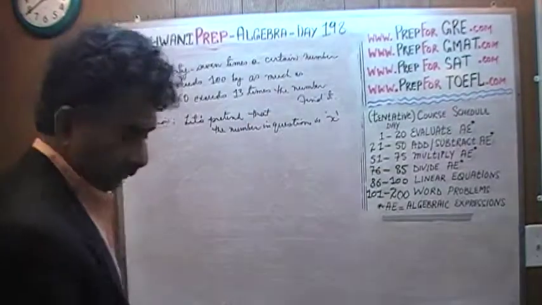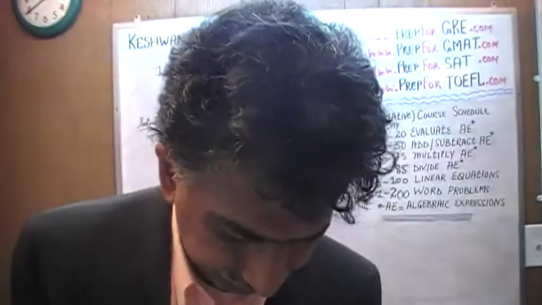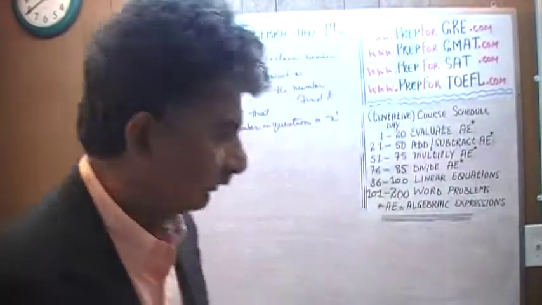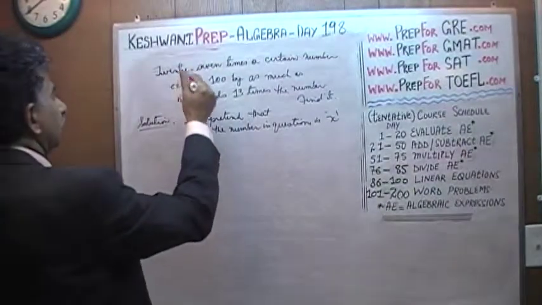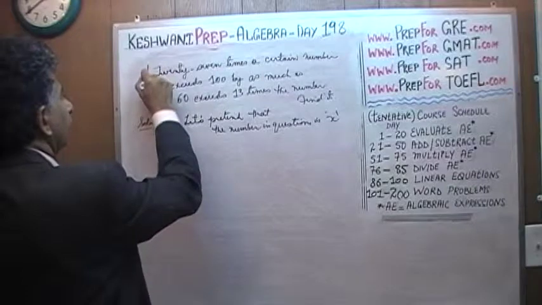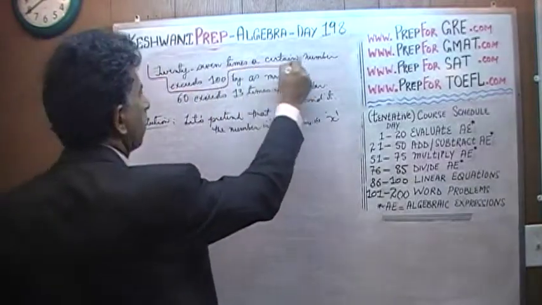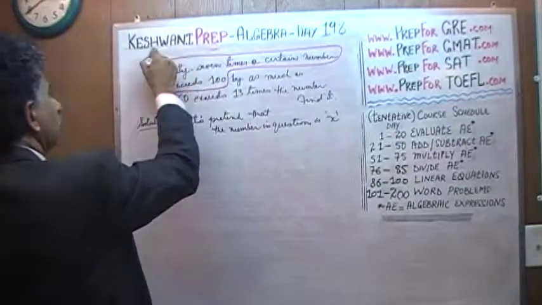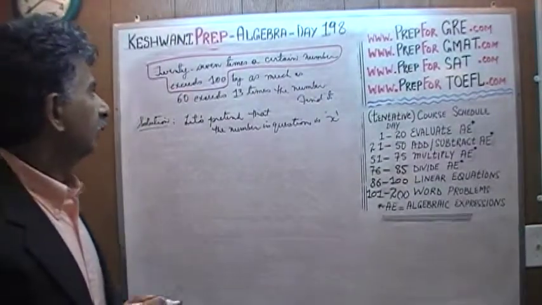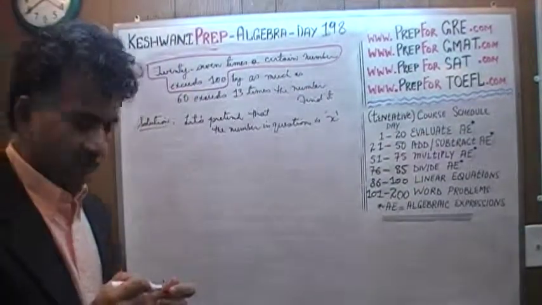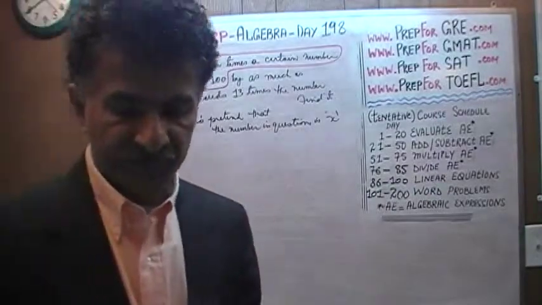Now the question is, how do we express this idea? 27 times a certain number exceeds 100. How do we express that concept?